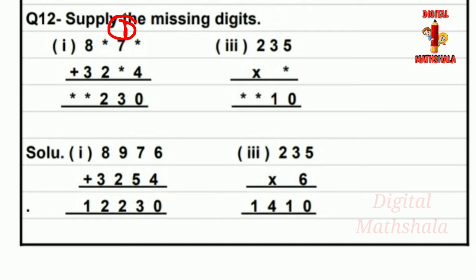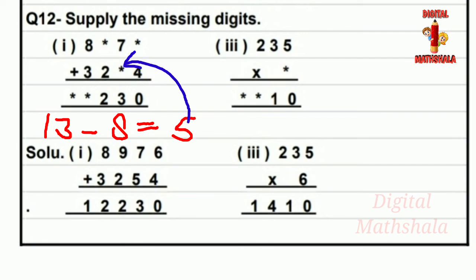Always we will write only a positive digit here. So obviously it is 13, because 13 has unit digit 3. From 13 we will subtract 8, then the answer will come 5. So obviously the missing digit is 5.